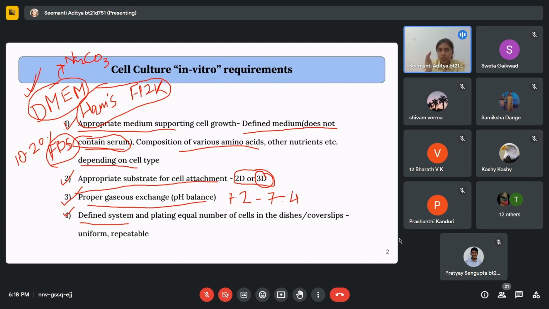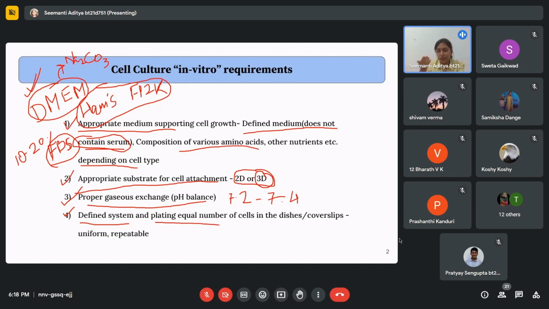We should not change the company from where we are getting the cover slips, or the coating substrate, because a little bit of impurity or a little change in the composition can have a very big effect on your results. So, a defined system, and another very important criterion for cell culture is plating an equal number of cells in the dishes or cover slips, so that it is uniform and the experiments are repeatable.